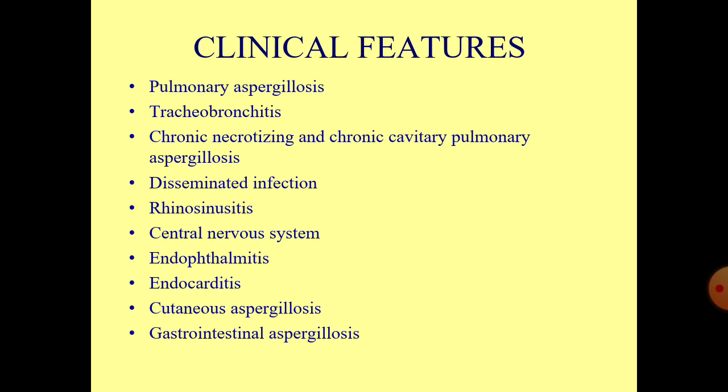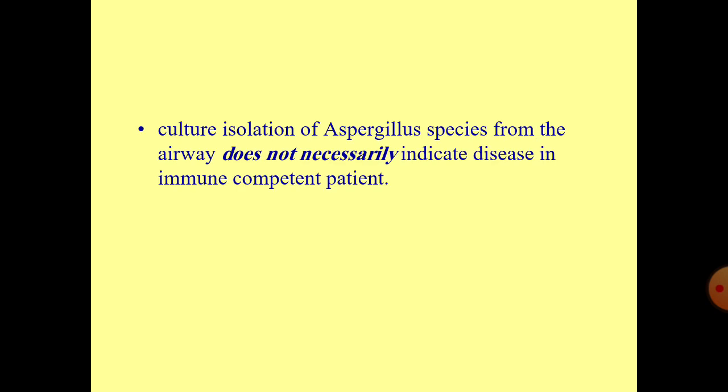There is chronic necrotizing and chronic cavitary pulmonary aspergillosis, and disseminated infection which can involve different organs. The sinus is the second site of involvement in the form of rhinosinusitis. Then CNS, eye involvement, endocarditis, cutaneous form, and gastrointestinal form.